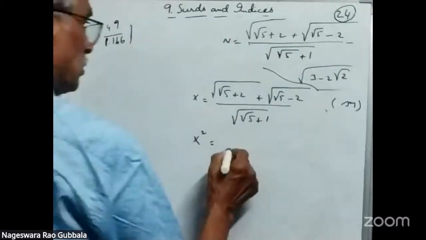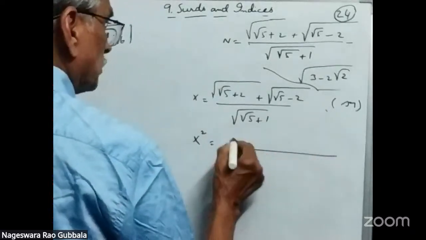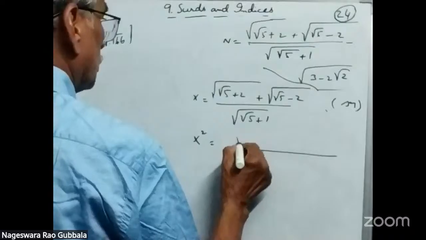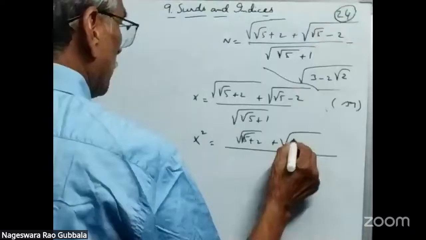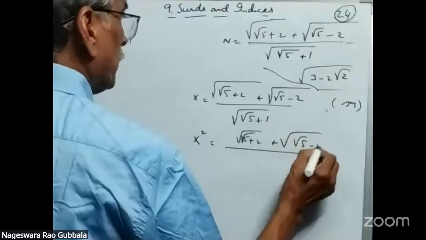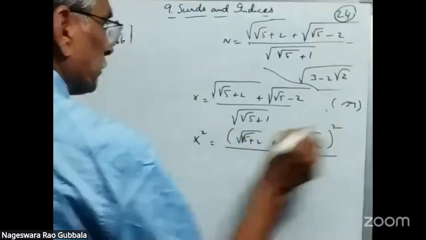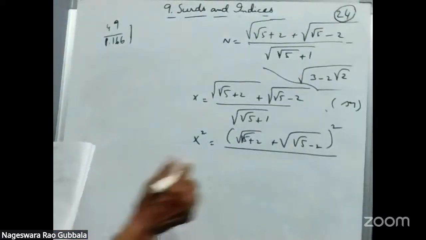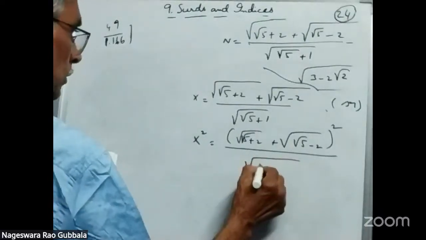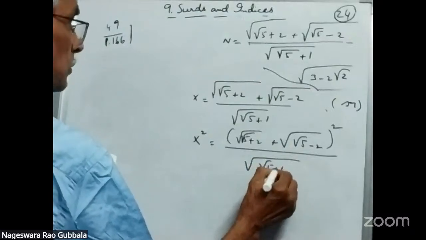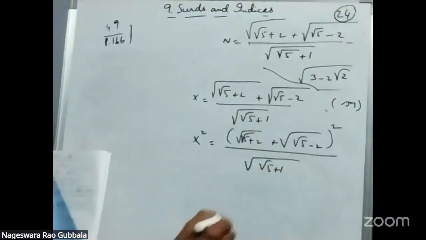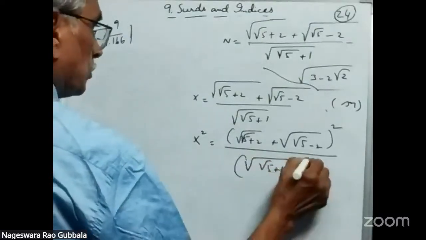Squaring both sides, squaring numerator, squaring denominator: root of root 5 plus 2 plus root of root 5 minus 2, whole square, by root of root 5 plus 1, whole square.